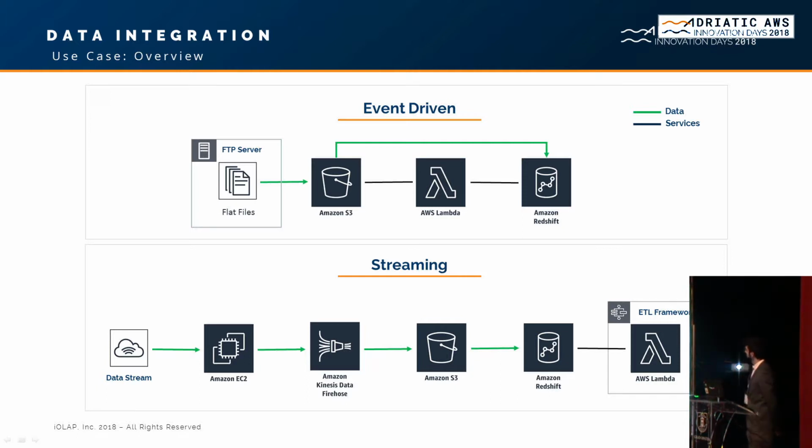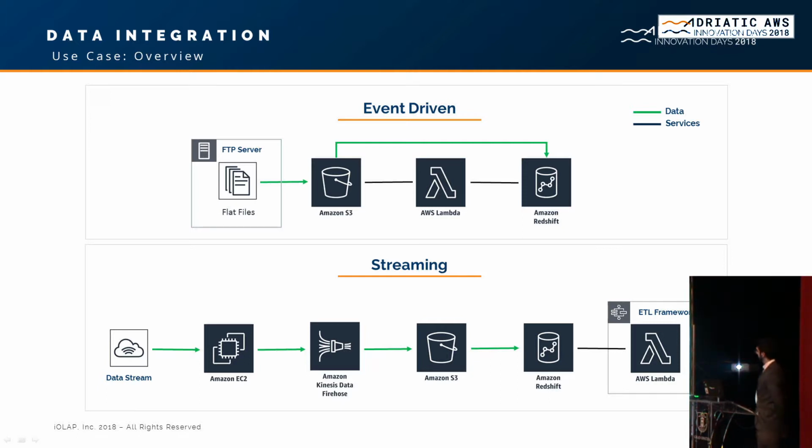Our goal here is to collect the latest report. So whenever there is a change, we want that change in our solution as soon as possible, and we want to immediately process those files and integrate them into our Amazon Redshift data warehouse.